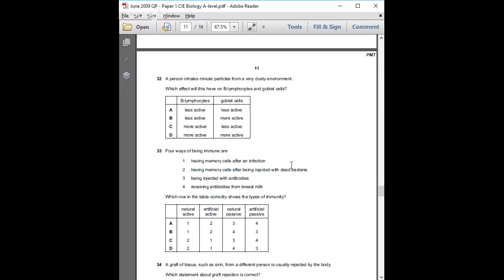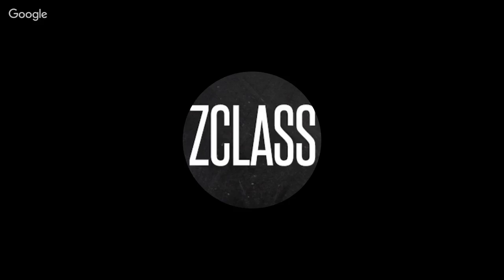Yep. Artificial active. Natural passive is when the antibodies are passed on naturally from mom to child, but the antibodies are still foreign. Yep. And then artificial passive is when antibodies are injected, maybe because you have an acute disease or something like that. Yeah, good, exactly.